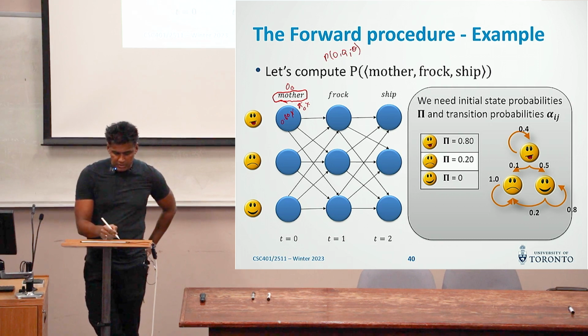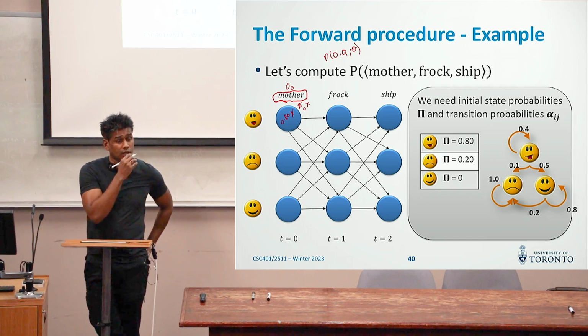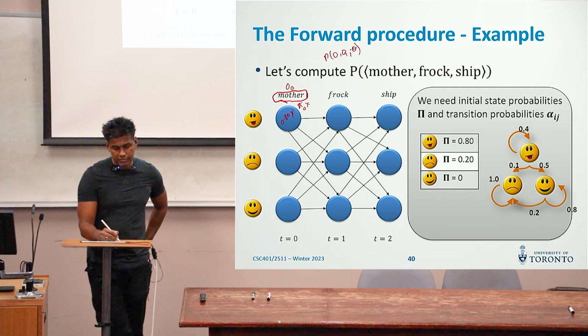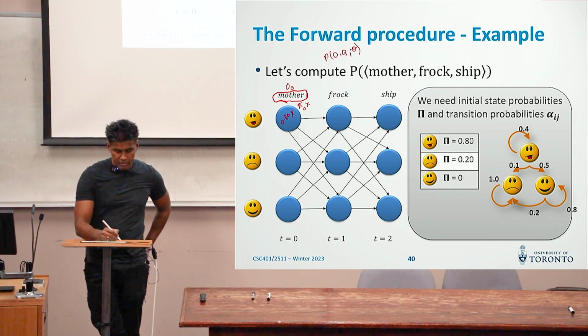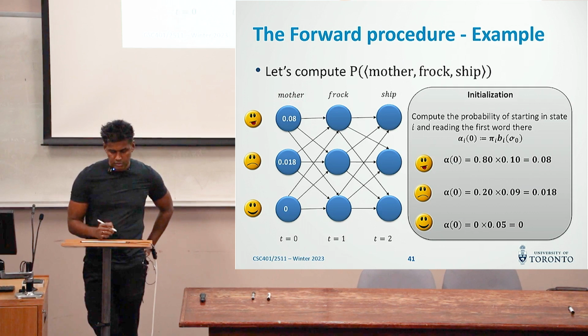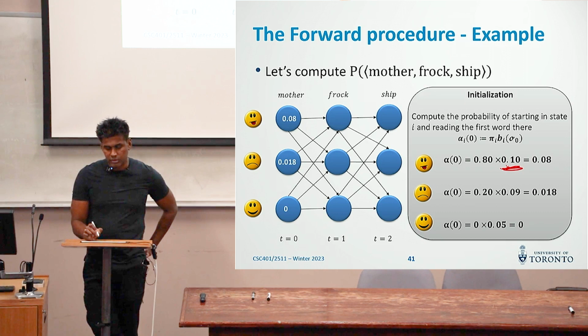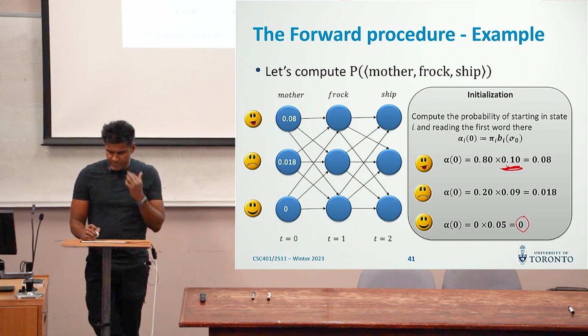And this will be the emission probability, the probability of observing mother in the first time step. So it's 0.08 because the 0.10 is our emission probability. Okay, why is this 0 for happy? Yeah, so the initial probability of starting in the happy state is 0. That's why this is 0.